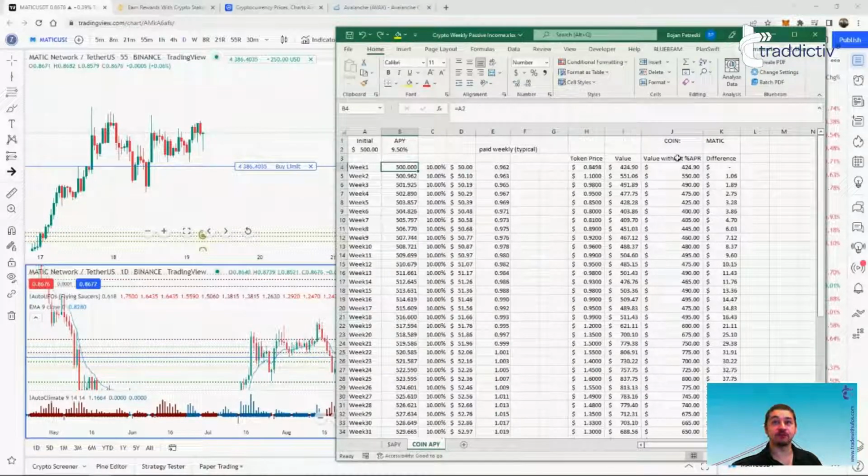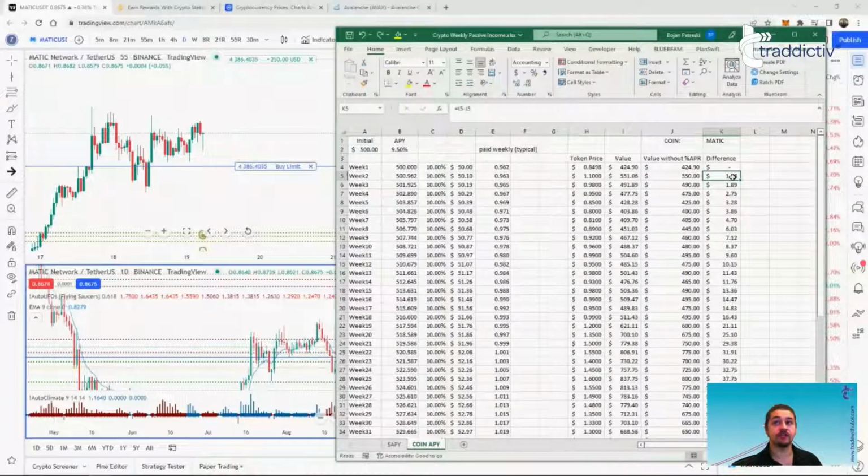I ran this once before and then a couple times. All this math is right. It's just the initial value is not outputting correctly because it's multiplying the dollars by the token price, which is not the case here. This is the same value, 500, right here. It's just not going to work out, but I'll touch this up again and share with everybody.